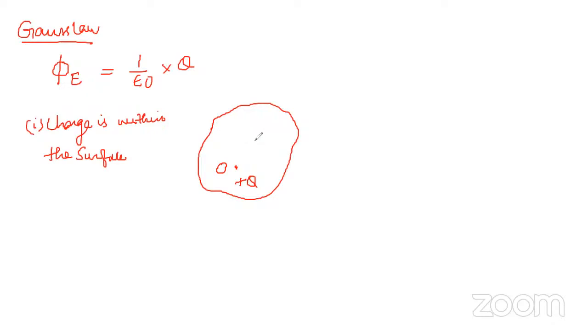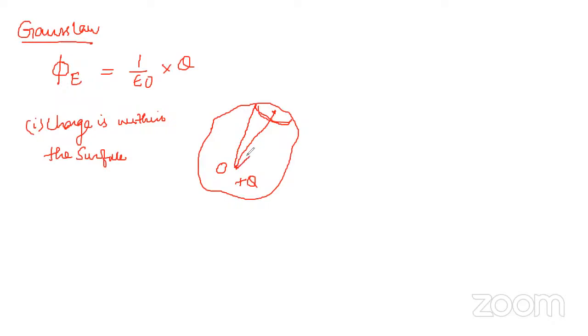Now we consider a point P on the surface at a distance R from the point O. Now we will consider a small area dS.